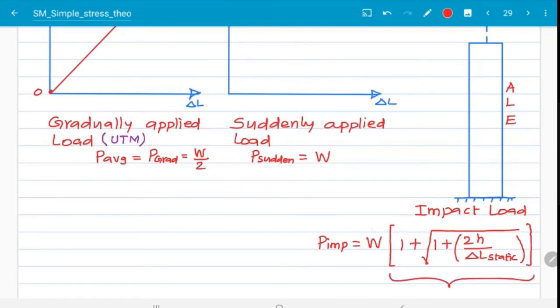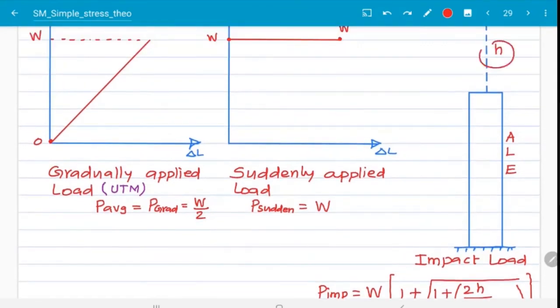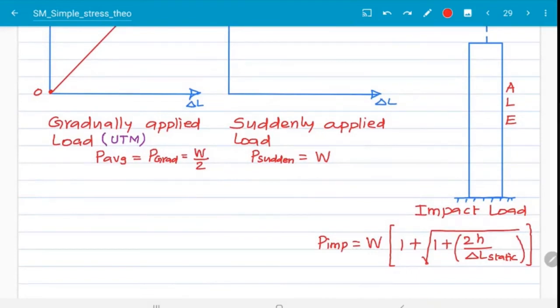Actually you are applying the W only, but due to the drop, due to the impact, it is multiplied. Even though the dropping height H is negligible, very small, how many times will W be multiplied?